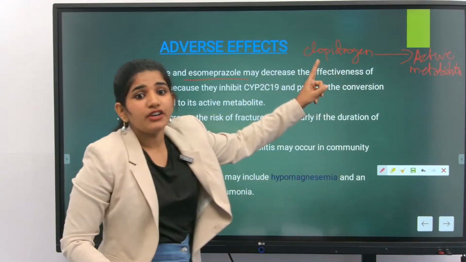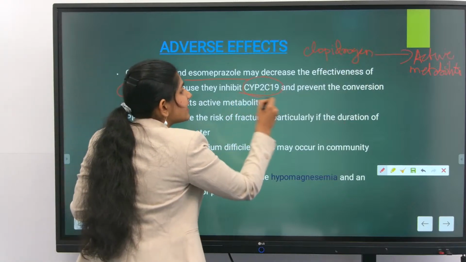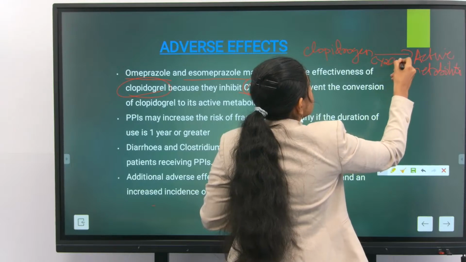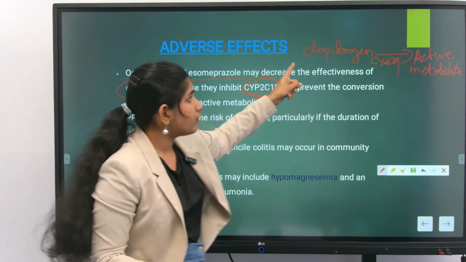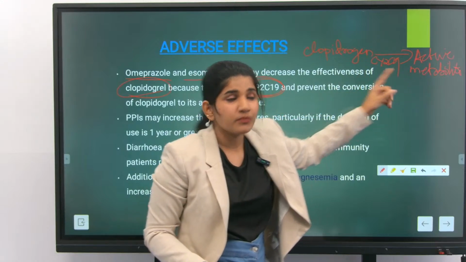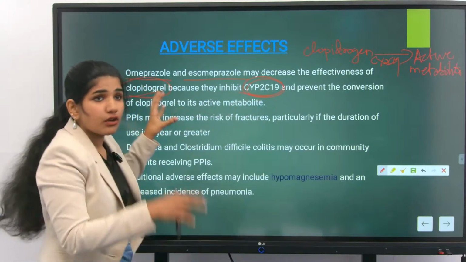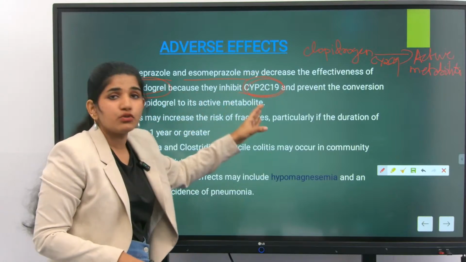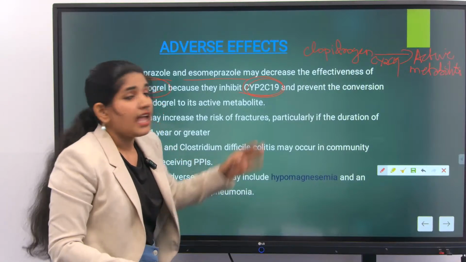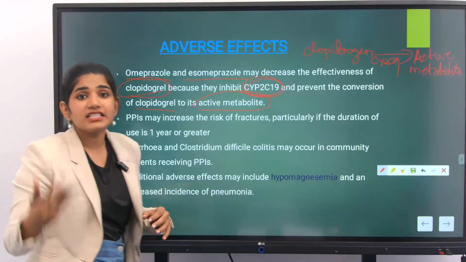Clopidogrel is actually an inactive form and has an active metabolite. In order to convert clopidogrel to its active form, we need CYP2C19. Omeprazole and esomeprazole decrease the effectiveness of clopidogrel by inhibiting CYP2C19, and they prevent the conversion of clopidogrel to its active metabolite. This is mainly happening.